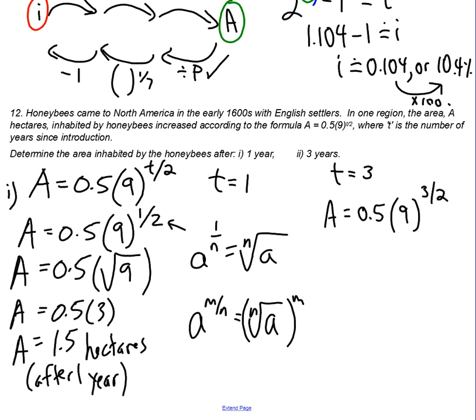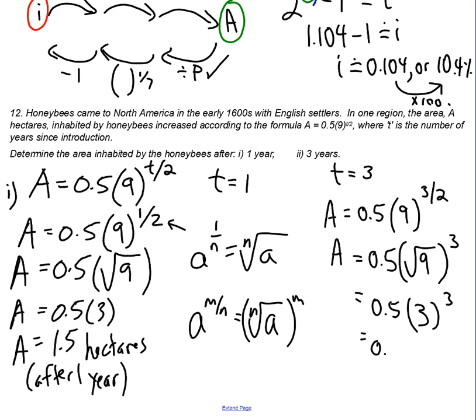In this case the base is 9, so I would rather take the root of 9 first than apply the third exponent on 9. We saw that before in the previous video. Here we don't want to be dealing with 729. I would rather deal with the square root of 9 cubed. Square root of 9 is 3, and 3 cubed is 27.